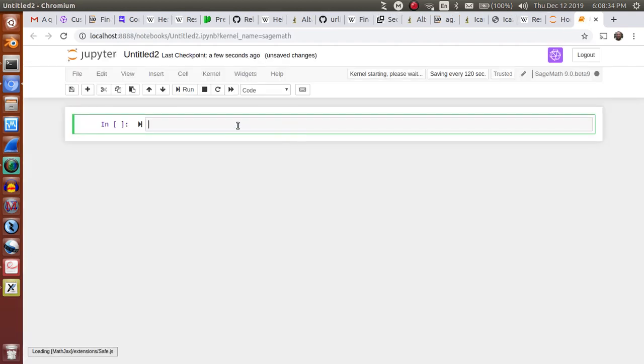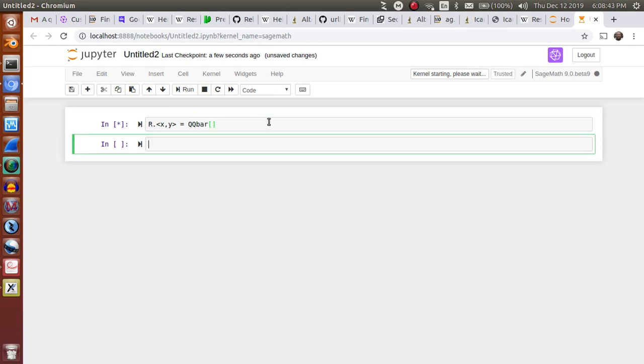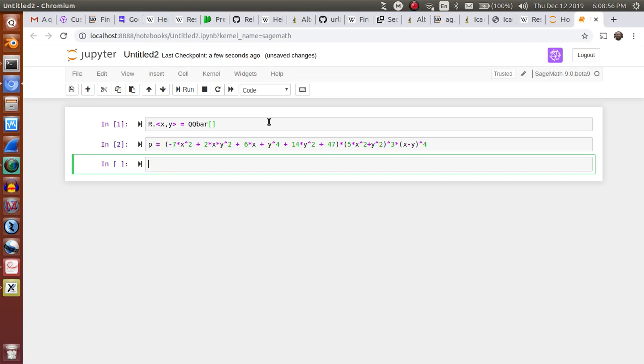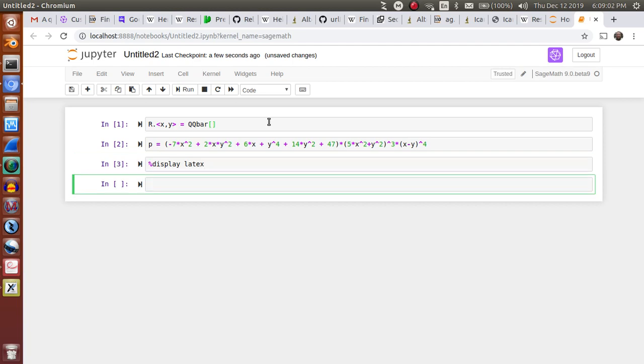And what will we do here? Again R.xy equals QQbar. So again, this gives us a multivariate ring over QQbar, and there is the polynomial P. And now I'm going to set my display format to LaTeX.